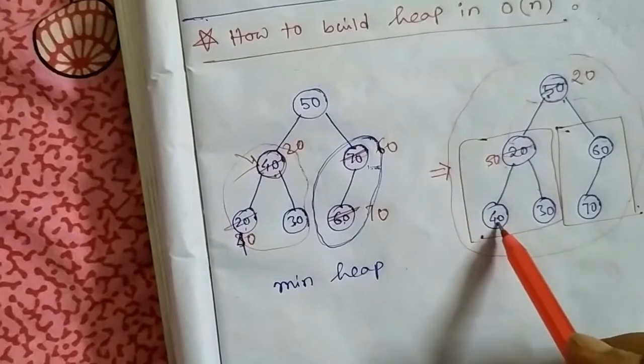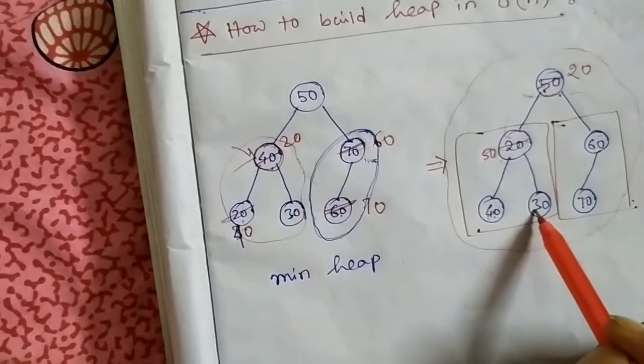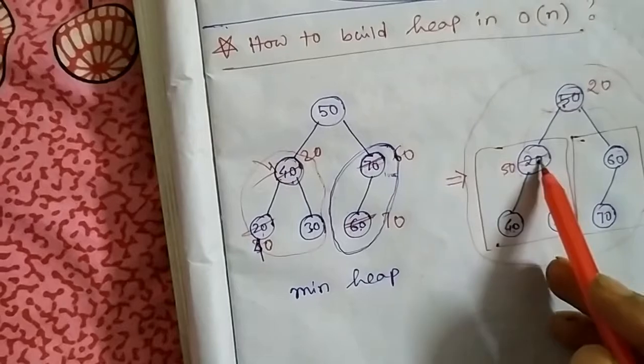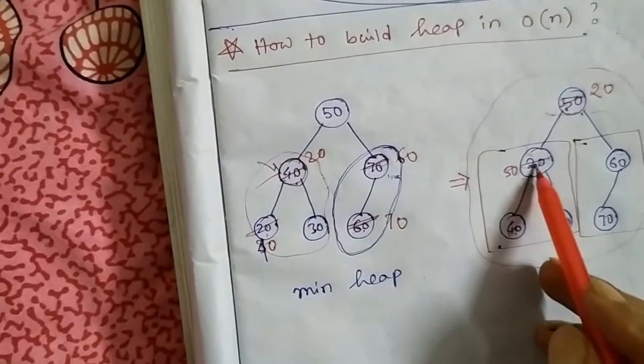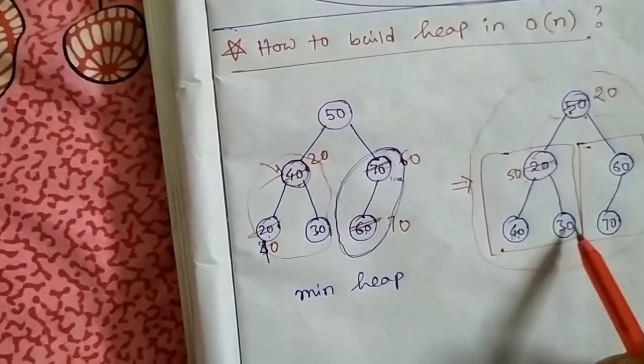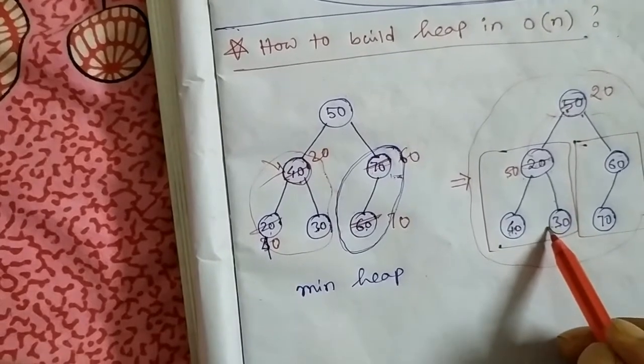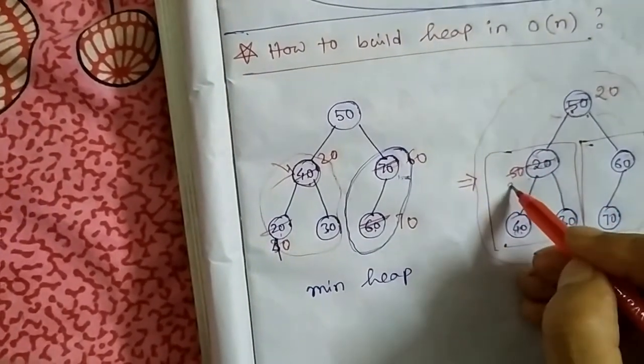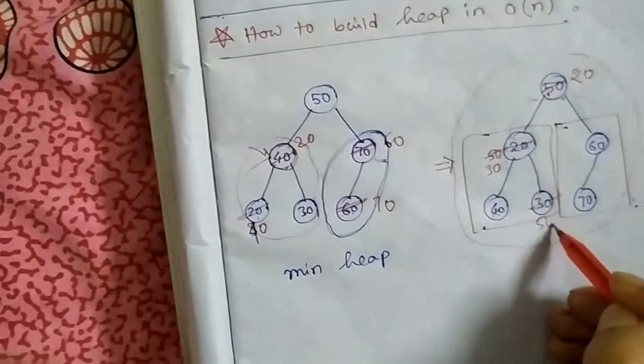So 50 is greater than 40 and it is also greater than 30. So I will put the minimum among these three nodes here. The minimum is 30. So I will put 30 here and 50 will come here.